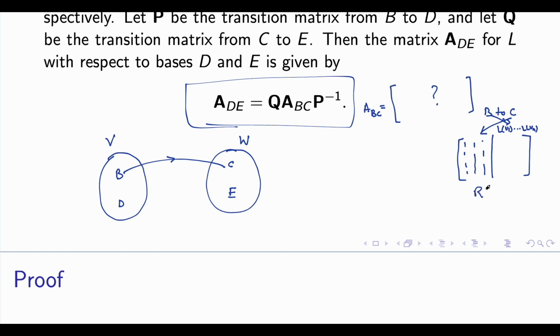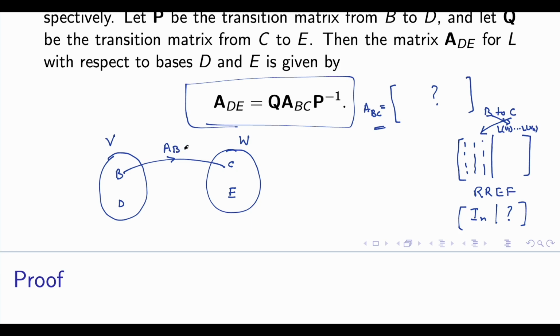Then apply RREF on it, and whatever matrix you get, let's say I_n, then this matrix will be your A_BC, right? This is what we have already done. Only here, in the matrix of a linear transformation, you have to write the image of your basis vectors of B with respect to L. Okay.